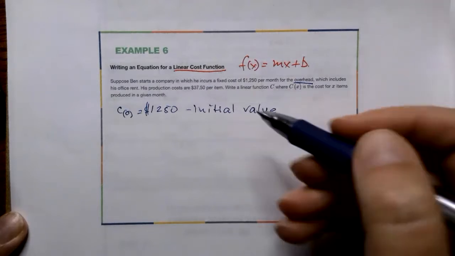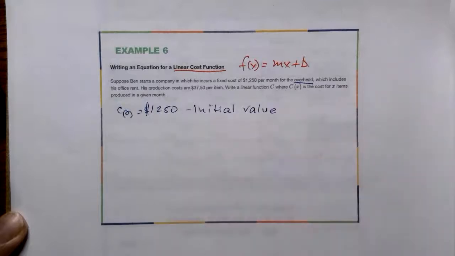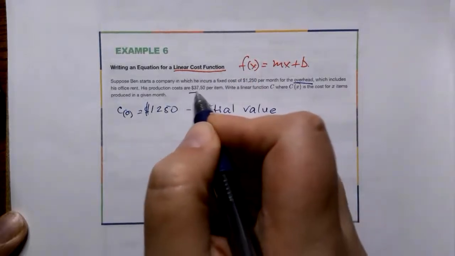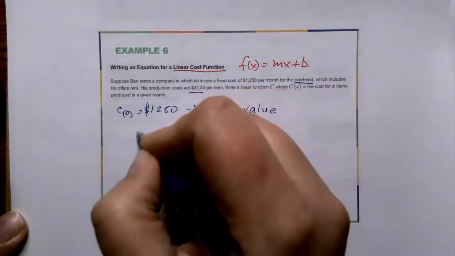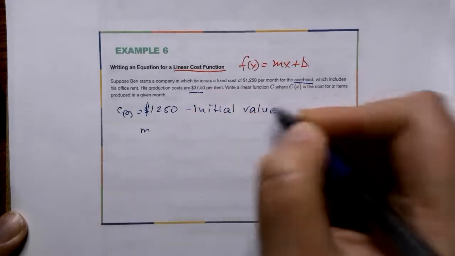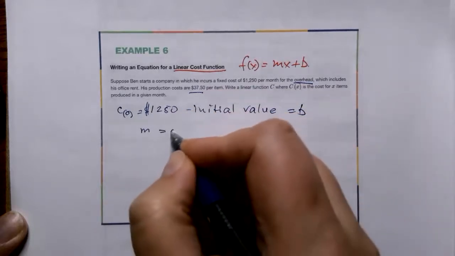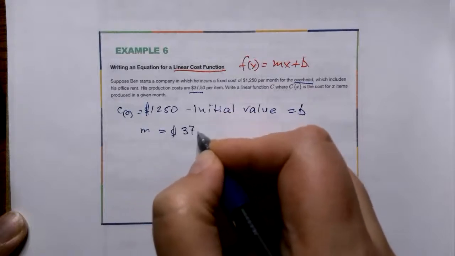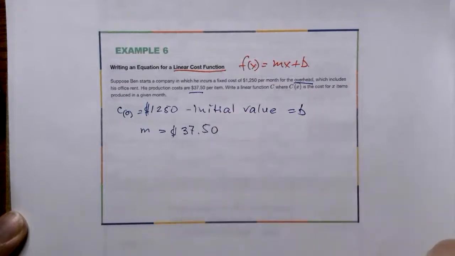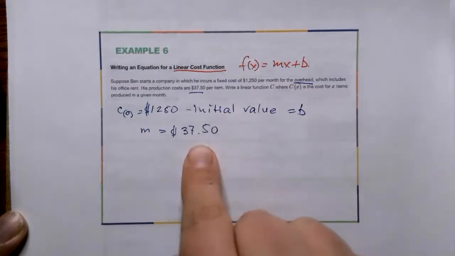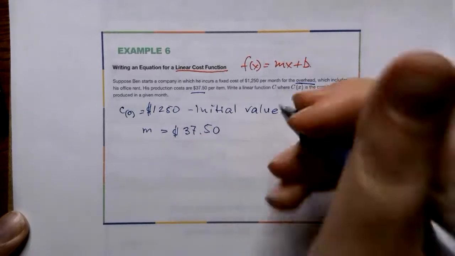So there is a cost for producing one item. So that's your rate right here. So rate, or m, and by the way, your initial value is b. So m is 37.50. This is the rate per one item produced, right?